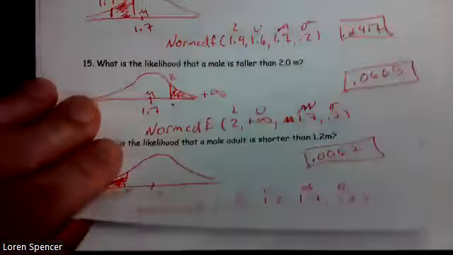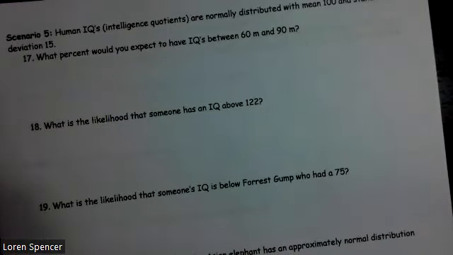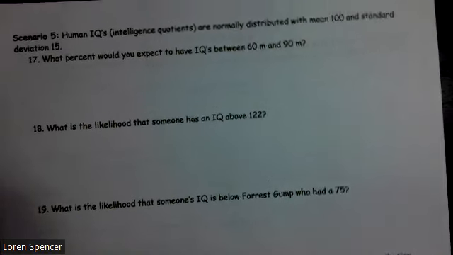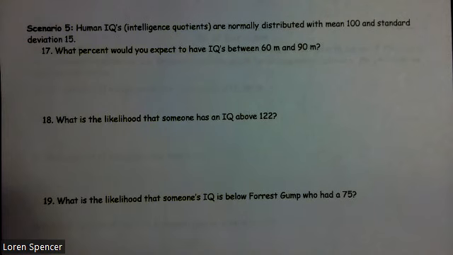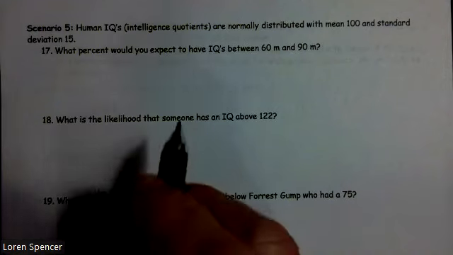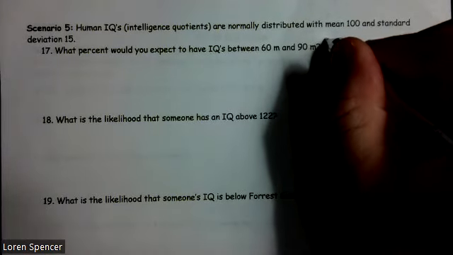All right, moving on. Last page, which is scenario 5. Human IQs are normally distributed with a mean of 100 and a standard deviation of 15. What would you expect to have IQs between 60 and 90? All right, so we have a mean of 100.